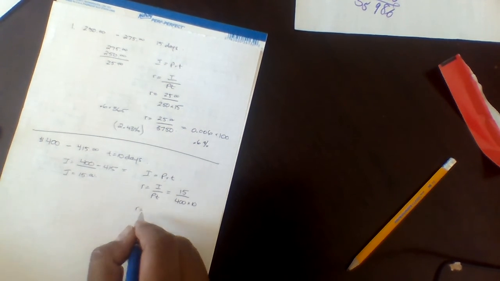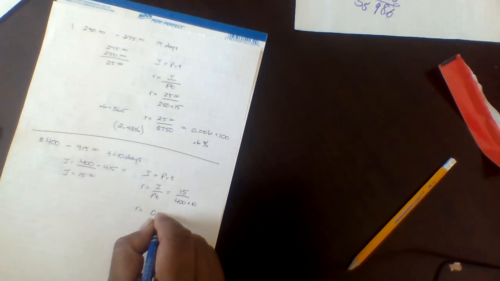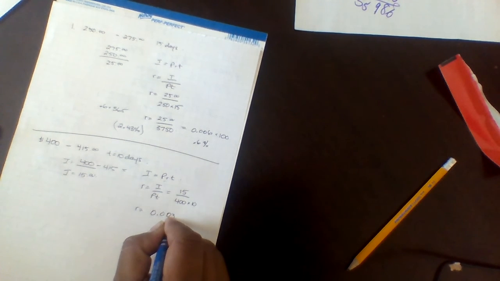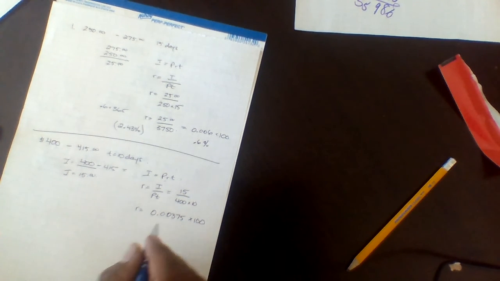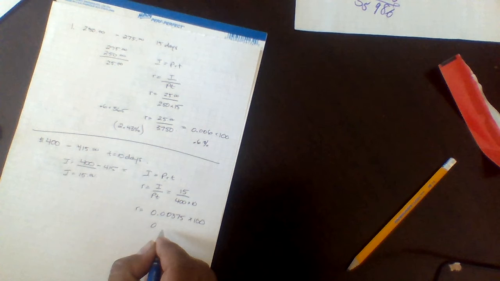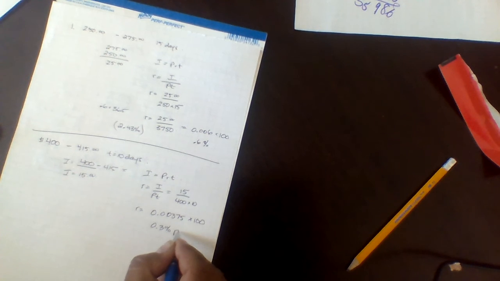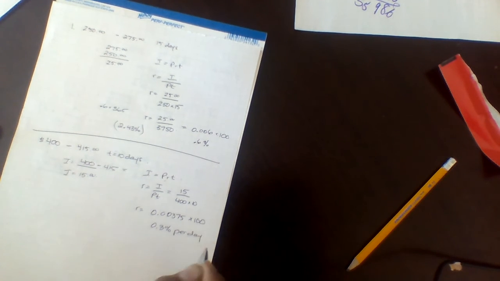So R equals 0.00375, times 100 gives you 0.3% per day. That's actually question B.